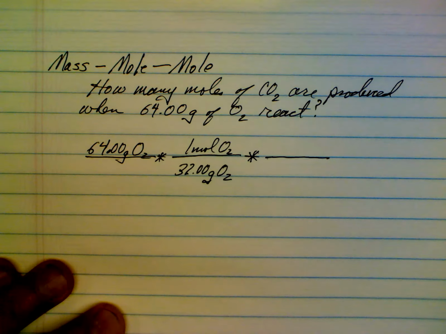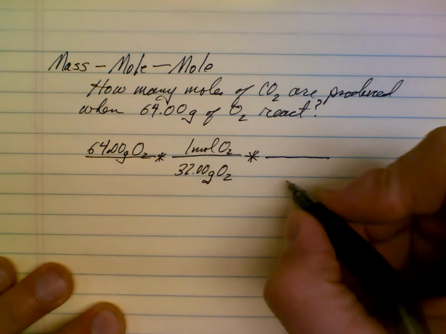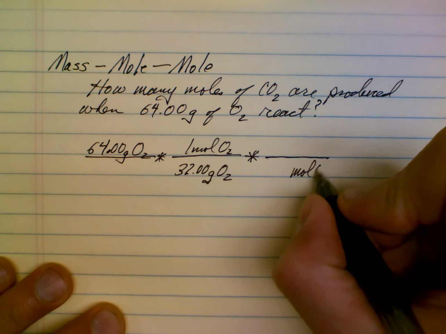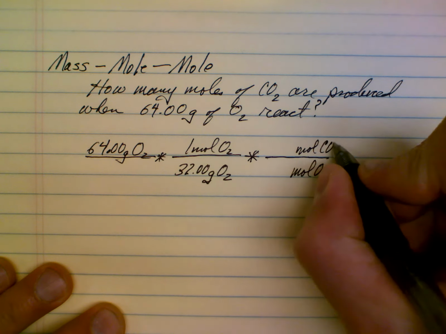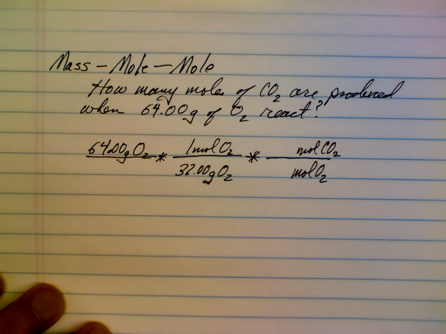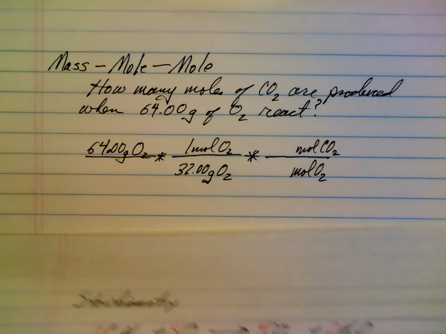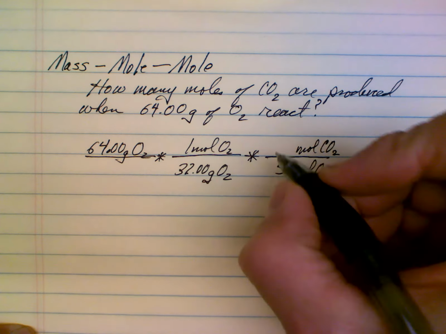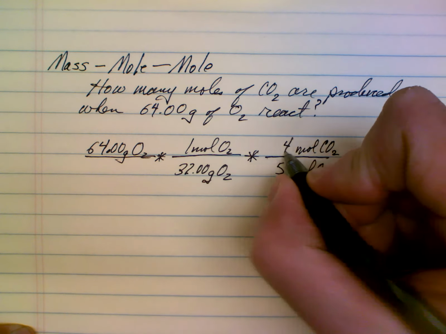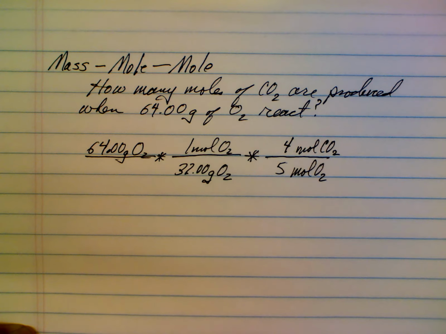And I know from before, we're going from moles of oxygen to moles of CO2. So we use our balanced chemical equation from before, which shows that the relationship is 5 to 4. So for every 5 moles of O2, it's going to require or produce 4 moles of CO2.